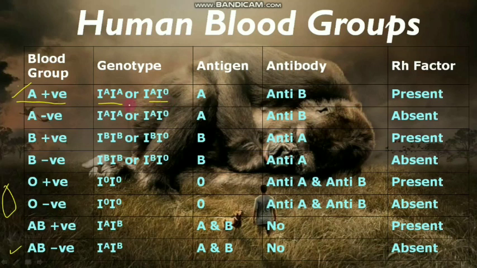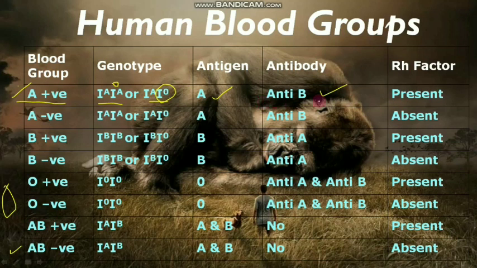Here, IAI0 is a heterozygous condition where I0 is a recessive gene, and IA is a dominant gene that is responsible for the production of antigen A, which you can see in the antigen column. This individual with A positive blood group is capable of producing an antibody against the B antigen, which is normally present in individuals with the B blood group.